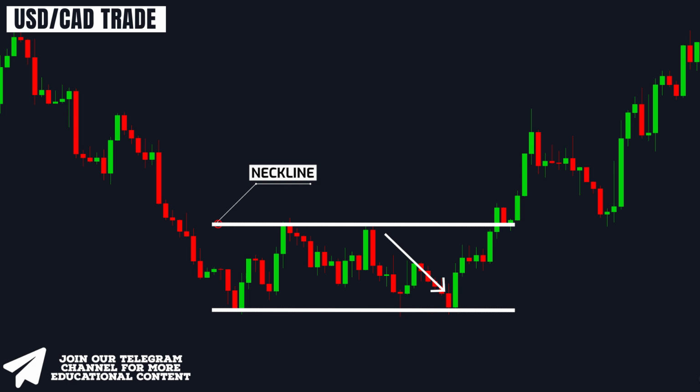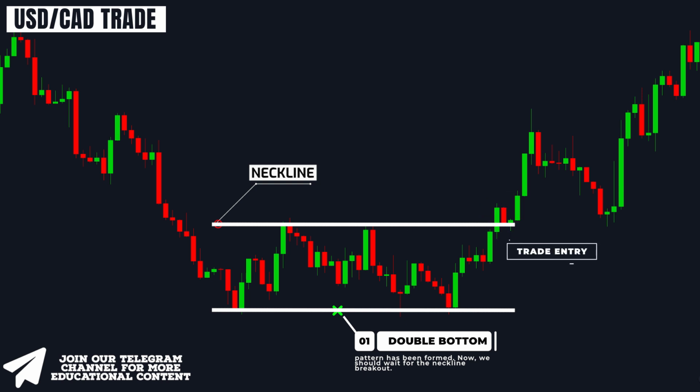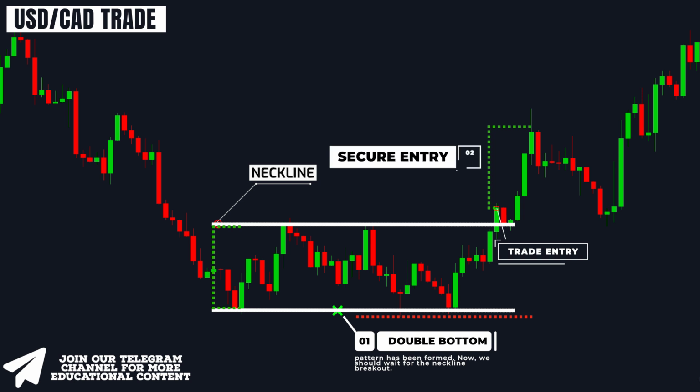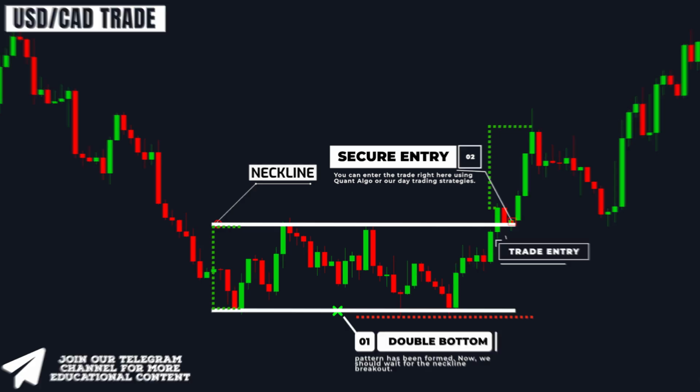At this point, to activate our bullish bias, we should wait for the neckline breakout. And here it is. As you can see, we can enter the trade right on this breakout candle, placing a stop loss below the second low and targeting the distance between the second low and the neckline. However, more secure traders can also enter the trade on this beautiful pullback right here.